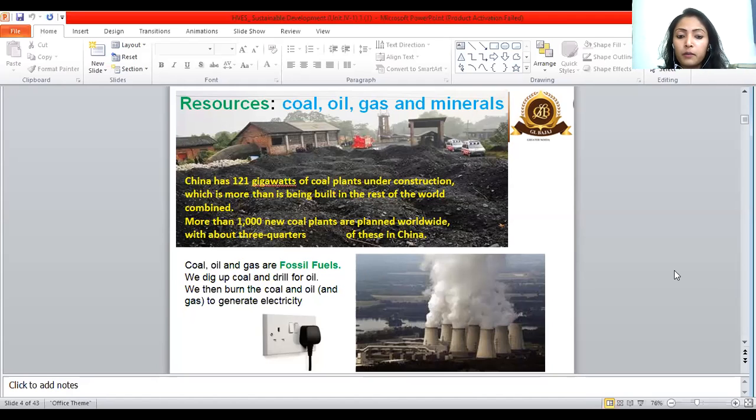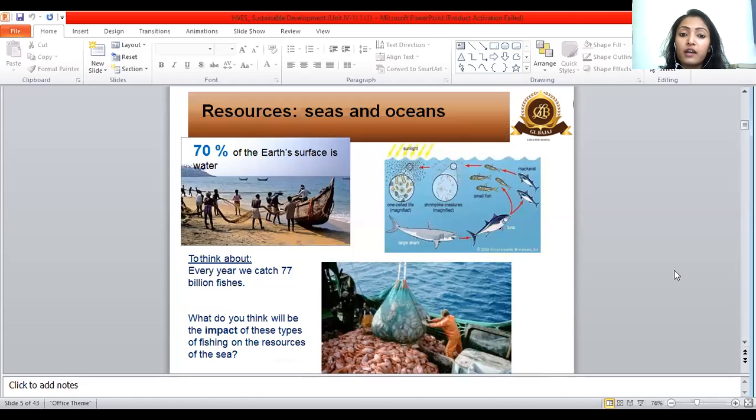Next, I'm going to talk about the resources which are available in seas and oceans. Do you know that every year we catch 77 billion fishes? We know that 70% of the earth's surface is covered by water, and a lot of aquatic fish species are available in the water, maybe in sea, ocean, river, pond.